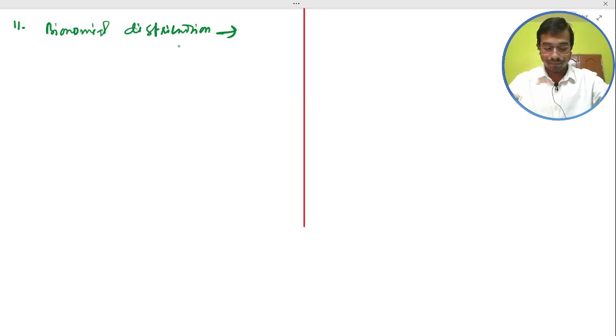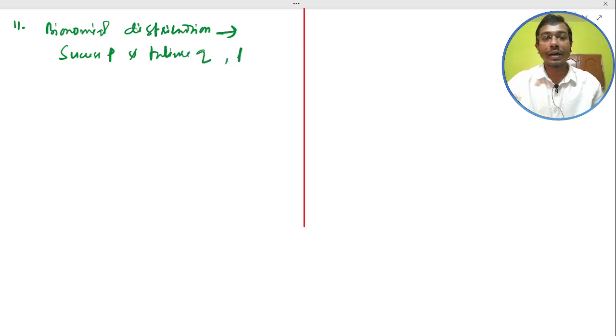Let there be n independent trials in an experiment and let the random variable x denote the number of successes in these trials. Let the probability of getting a success in a single trial be p and the failure be q. That means p plus q is 1.